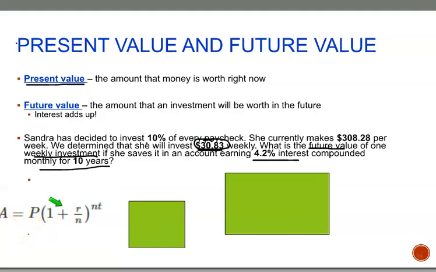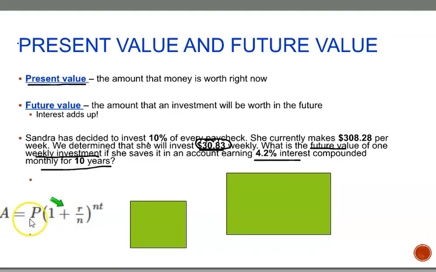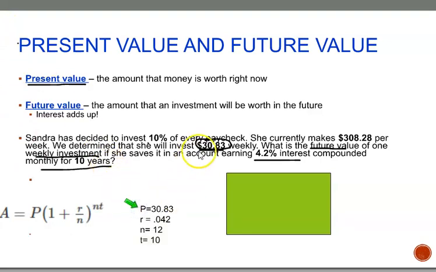Here's our formula. We've seen this, we've used it. From Sandra's situation, we have to pick out the P, the R, the N, and the T. You guys are good at this now, but let's practice. So the P, what is the P? That's the initial principal that she's investing, $30.83.